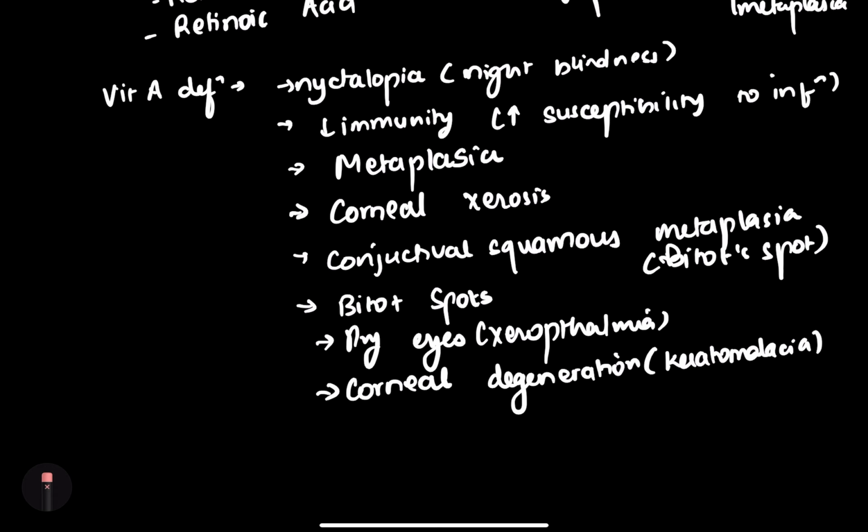Then decreased immunity, or increased susceptibility to infections. Then maybe corneal xerosis, conjunctival squamous metaplasia, that is Bitot's spot. Then there may be dry eyes or xerophthalmia, and corneal degeneration, that is keratomalacia.